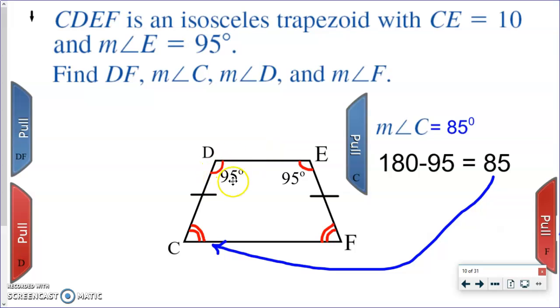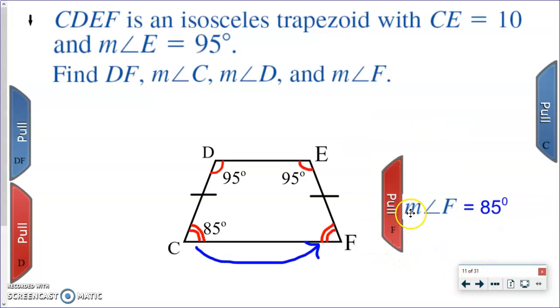Angle C, since we know that angle D is 95 degrees, these two are going to be supplementary. So we do 180 minus 95 and you get 85. And then the only one left is angle F. Well, if we know that angle C is 85 degrees, then angle F is also going to be 85 degrees.